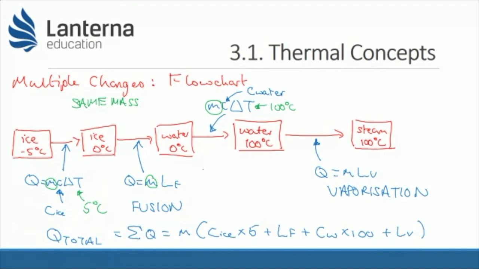So what I've done is added all of these together, and taken the mass on the outside because it's the same mass. This would be the overall energy change. Now, hopefully, a question wouldn't give you this many changes. So actually, you'll probably find it easier doing a question than this diagram I showed you.